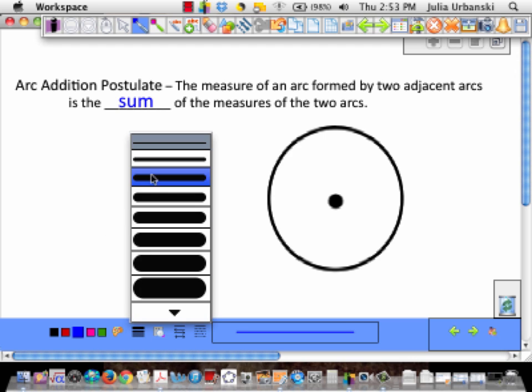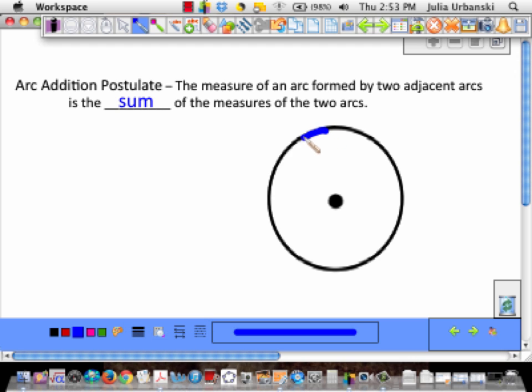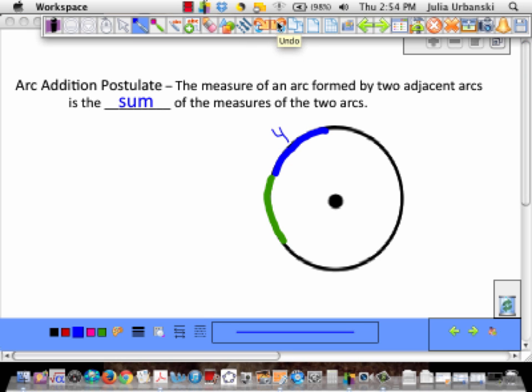So creating arcs again. Let's look at one like this, and let's look at one that's side by side with it. You're putting two smaller pieces together, and you're going to get a bigger arc. So suppose that this one right here was equal to 40 degrees, and suppose that this one right here is equal to 50 degrees.